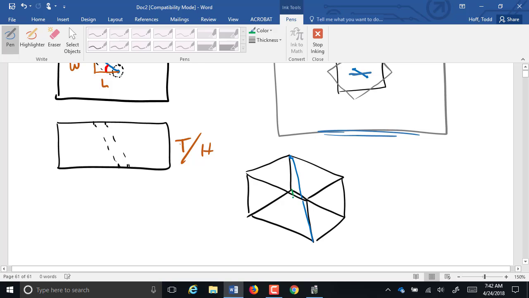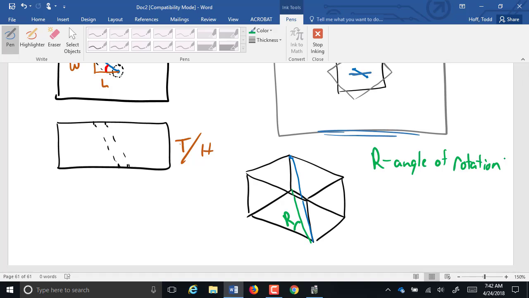If I look at the shadow of that from across the bottom of the box, this right here is R. It's called my angle of rotation. And it's the angle we have to rotate this from square in order to make the axis of that hole line up parallel to the edge of our table.